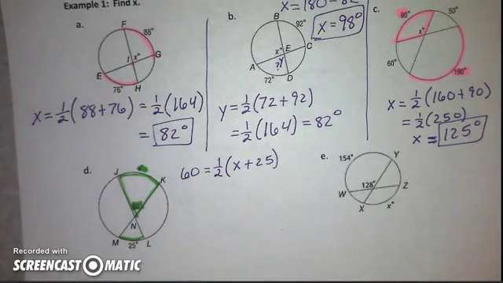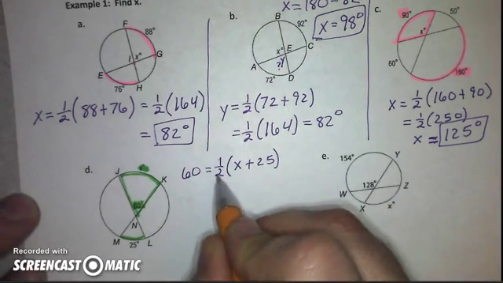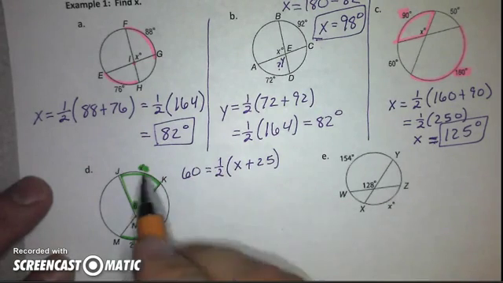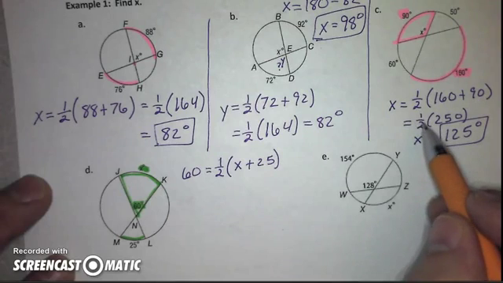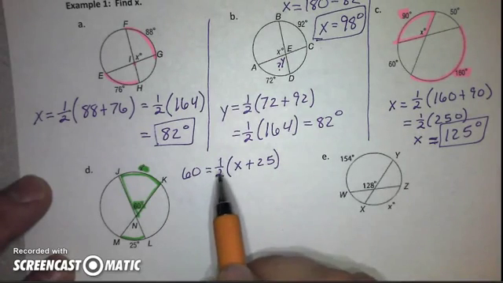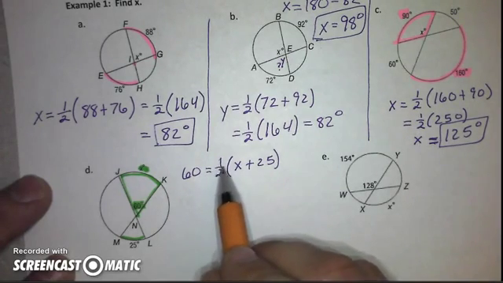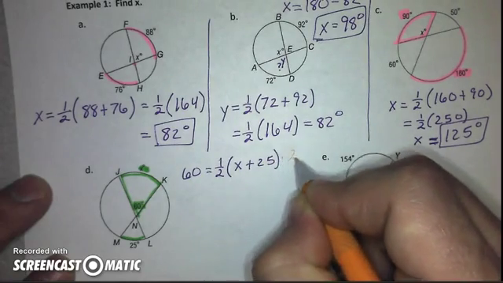As we work backwards, some of you are thinking that you can probably distribute first. Normally I would, but that's a 1/2, and I really don't want to deal with any fractional or decimal values. So I'm actually going to cancel out the 1/2 first. You'll remember that the last thing we did on all these steps is divide by 2, which is the same as multiplying by 1/2. So the first thing we're going to undo is that 1/2, and we're going to multiply by 2 on both sides.